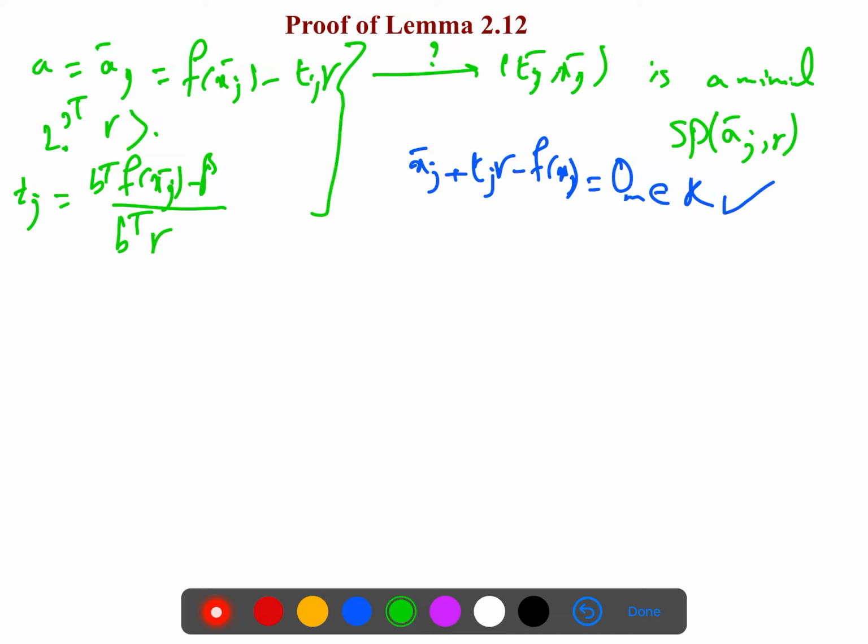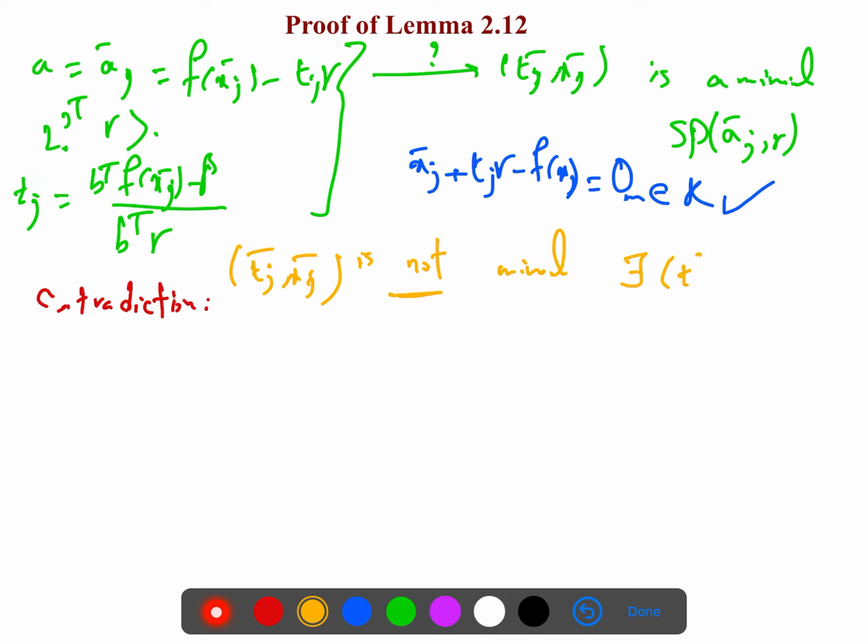But I want to prove it by contradiction. So I assume, again by contradiction, that tj bar and xj bar is not a minimal solution. It means that there exists another t prime and x prime with t prime less than tj bar, a better solution.